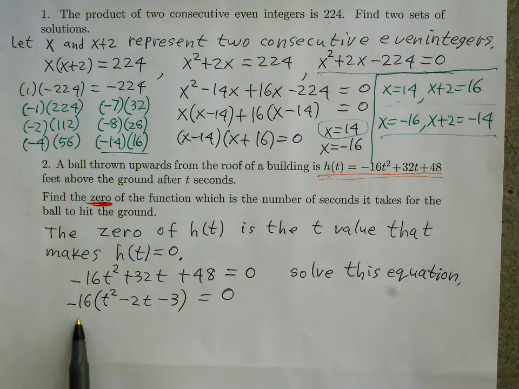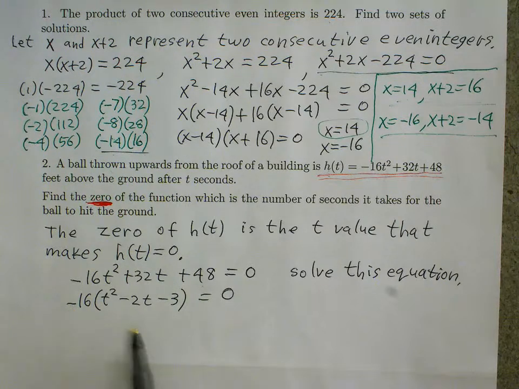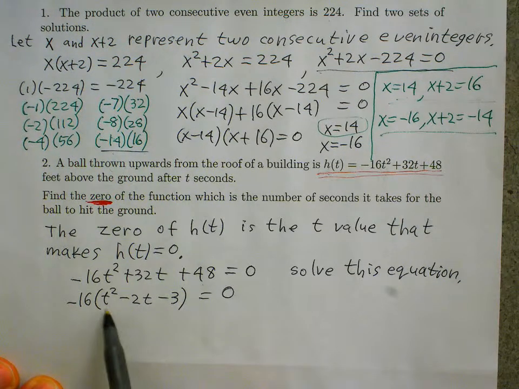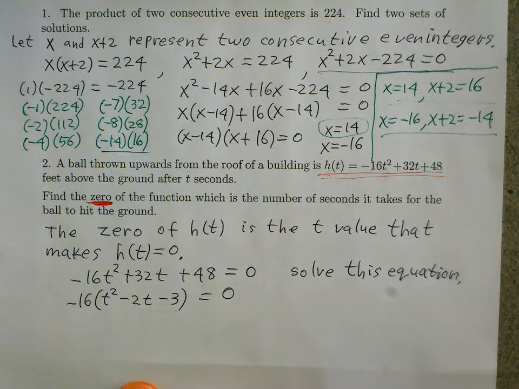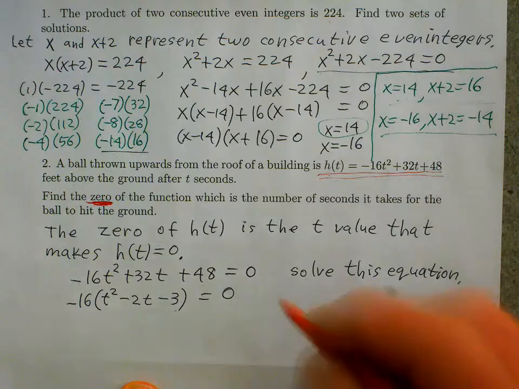Since this is an equation, we can divide both sides by negative 16 just to get rid of the clutter that's in the way. The negative 16, we can ignore that. We just want to know what t values make t squared minus 2t minus 3 equal to 0. Remember, you can divide both sides of an equation by the same non-zero number.